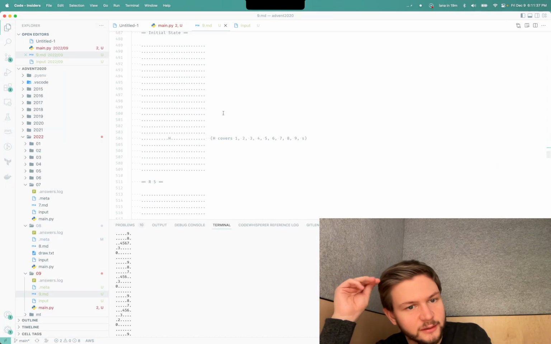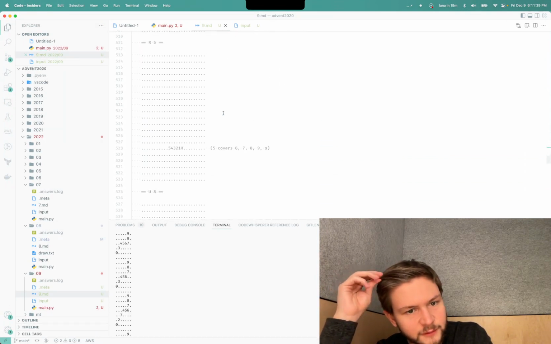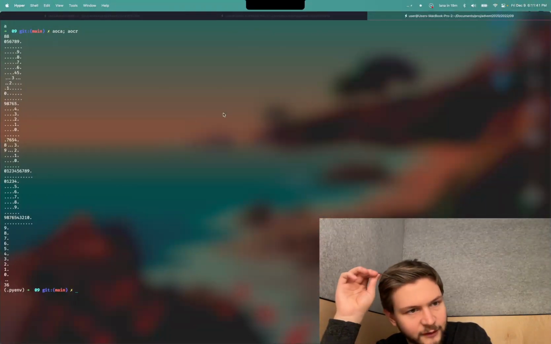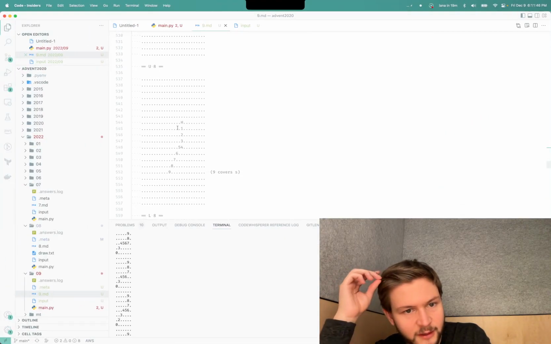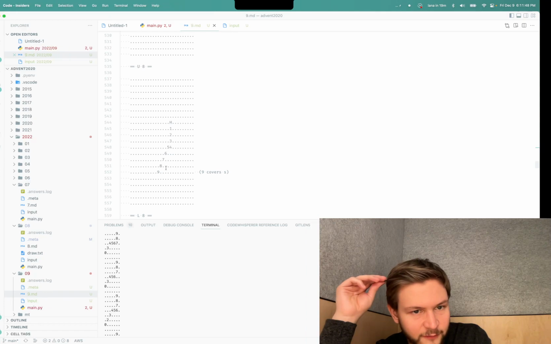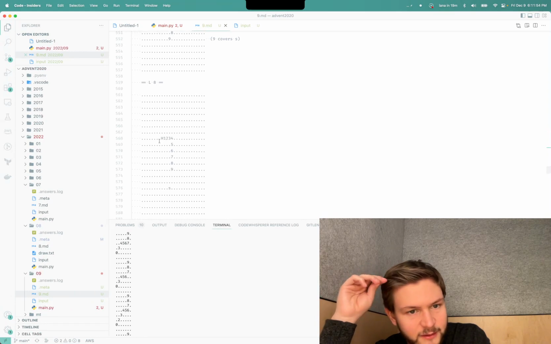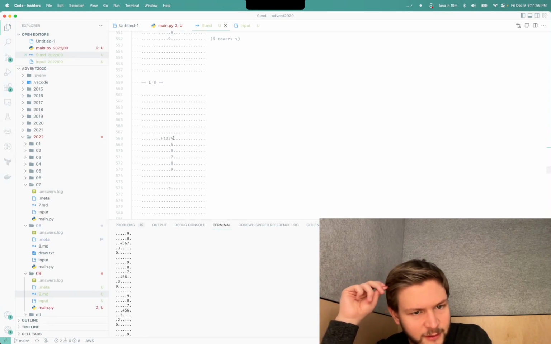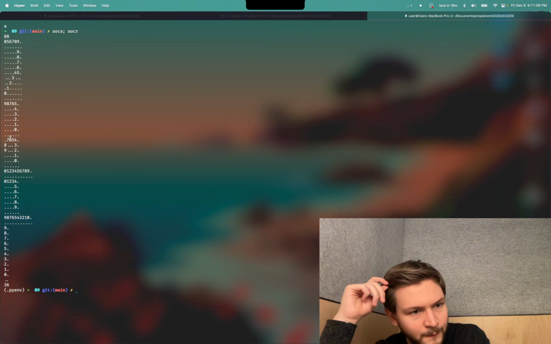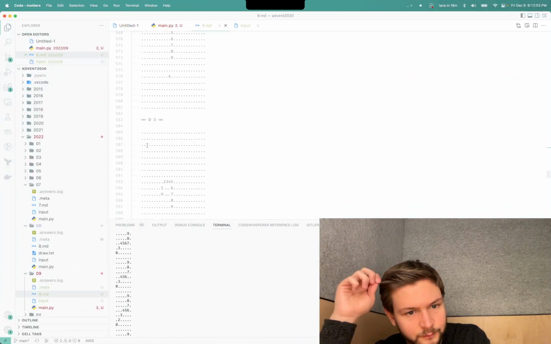So after the first set of moves, right 5, we get a line. Yes, that seems to be correct. Then we have 5 down and then 5 diagonal. We also have 5 down, 5 diagonal. Then we got 5 this way and 5 down. We got 5 this way, 5 down.